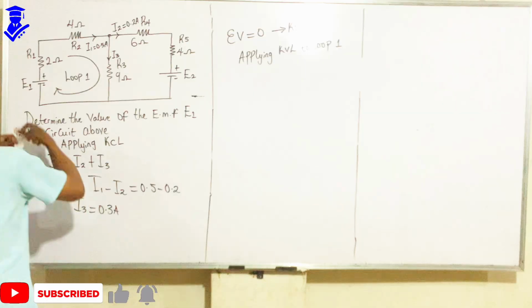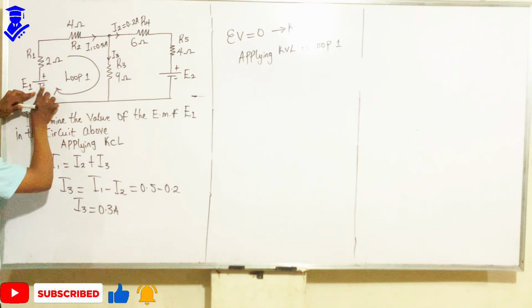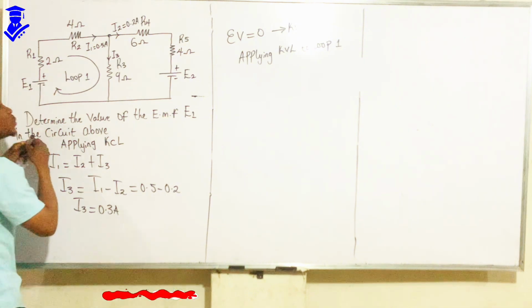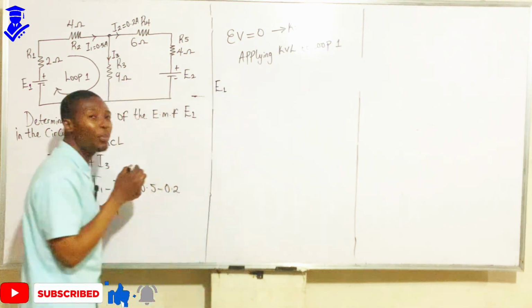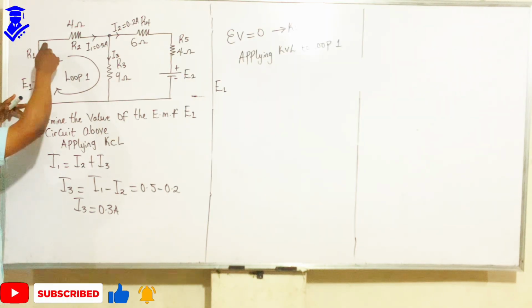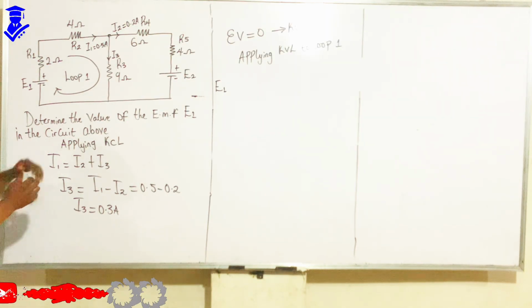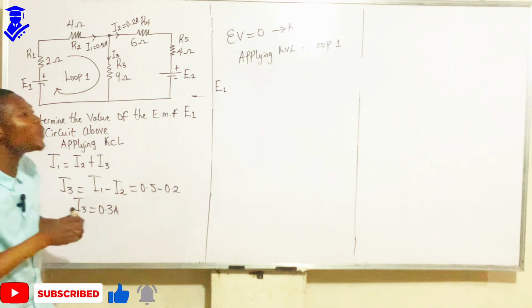Now this is E1. We're taking our direction of current from here, moving from negative to positive, so it's positive E1. Now there's going to be a voltage drop on this 2 ohm resistor. To know the voltage, we need the current and the resistance.